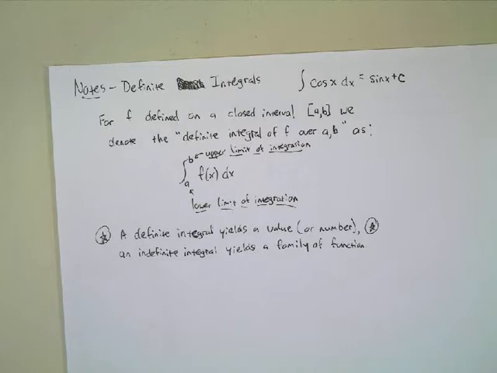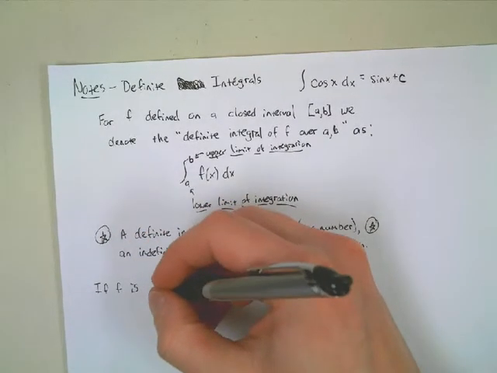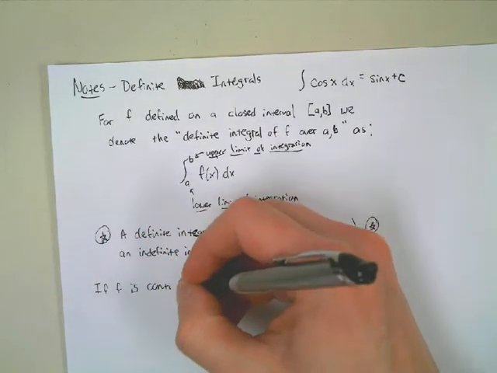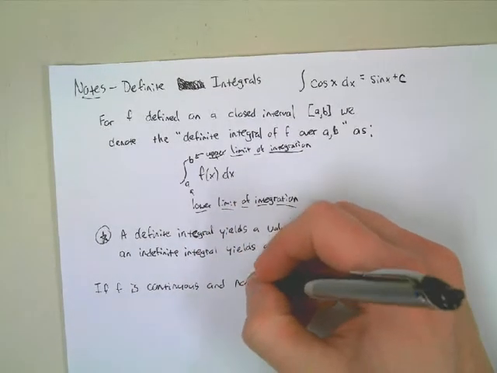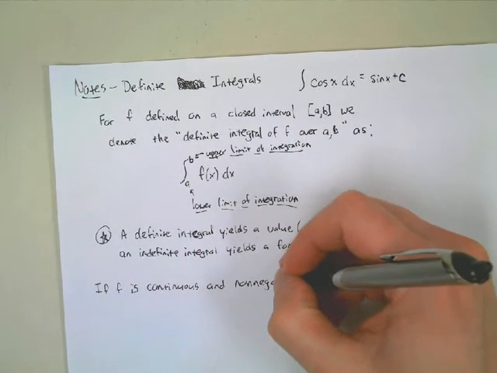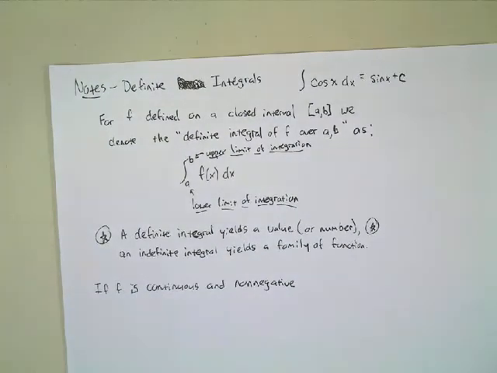Okay. So now here's where we're going to put together the integral and the area. So if f is continuous and non-negative, remember all the things we've been dealing with so far, our functions, our curves have been above the x-axis. We've been avoiding talking about what happens when our function is below the x-axis, and we're still avoiding that now.